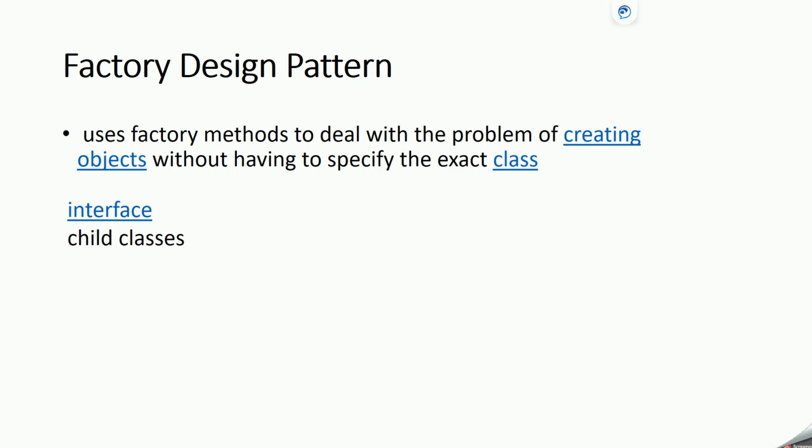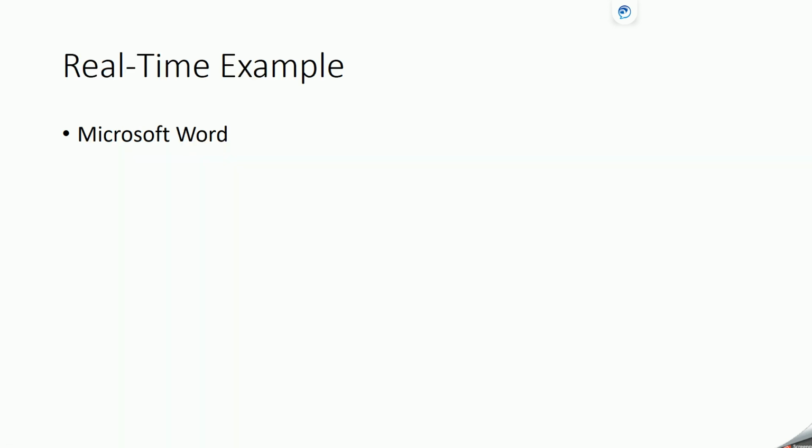So here we are going to hide the creational logic, and just an interface will be exposed to the outside world for various use. Okay, so now let's see a real life application where this factory design pattern might be used to implement that feature.